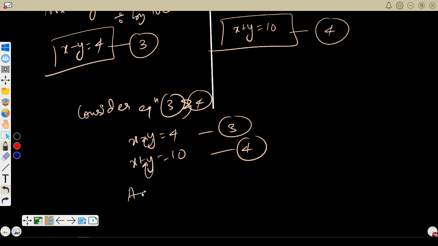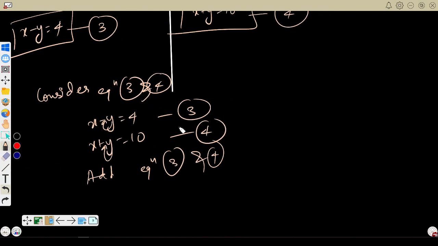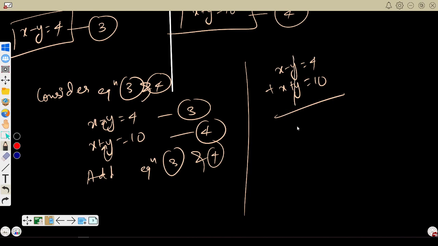So what we will do is we will add equation 3 and equation 4. We'll solve it on the right hand side. I draw a line for separation. So x minus y is equal to 4 plus x plus y is equal to 10. Minus y plus y will get cancelled. x plus x will be 2x is equal to 4 plus 10 is 14. So x will be 14 divided by 2, that is 7. So we have the value of x as 7.